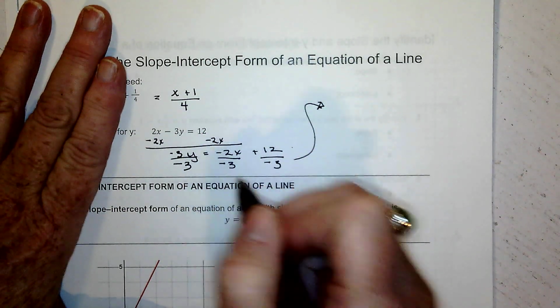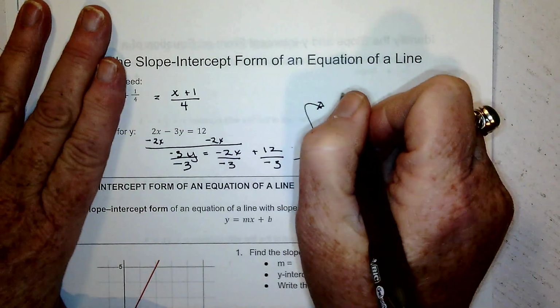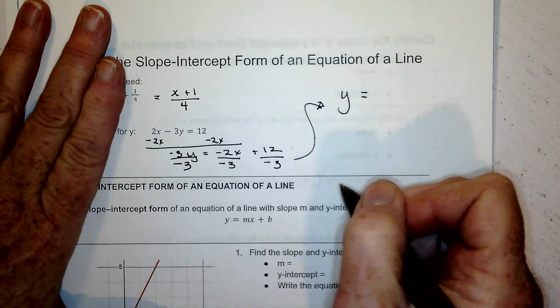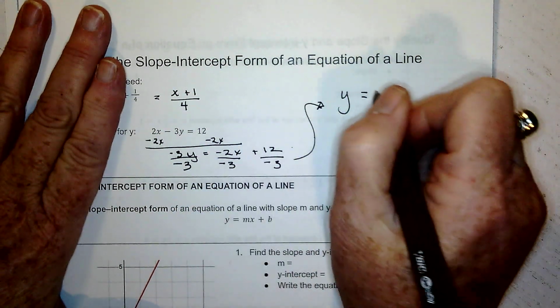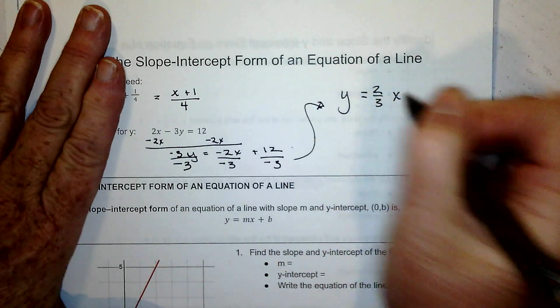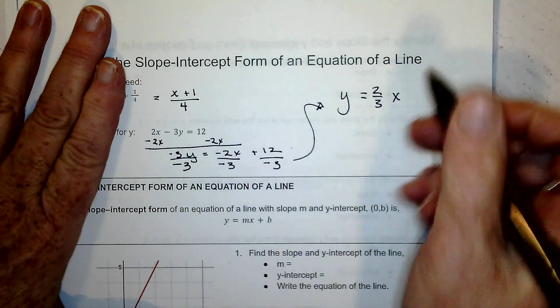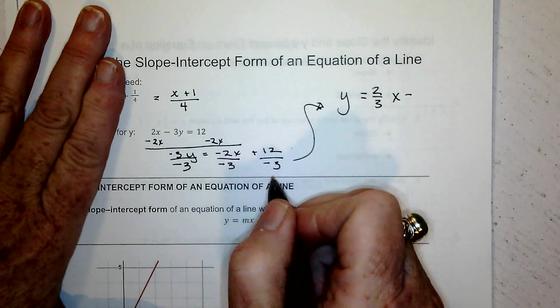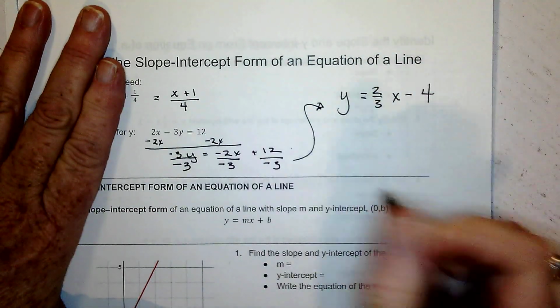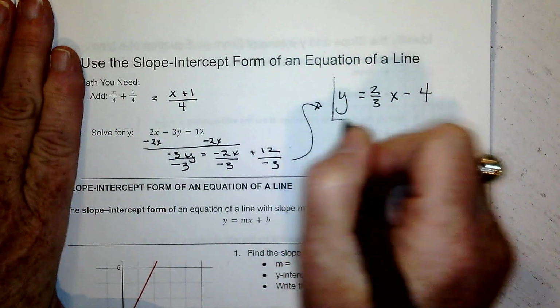I know a negative divided by a negative is a positive, so my y is equal to positive 2/3 x, and then a positive divided by a negative is a negative. 12 divided by 3 is 4. All right, and that is my equation of the line solved for y.